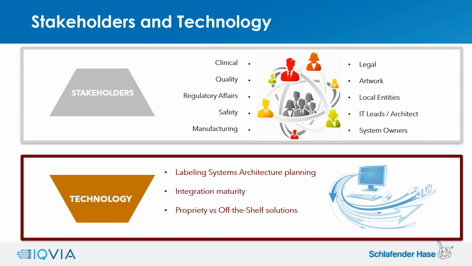IT is involved in terms of all of these disparate systems, managing and supporting them, as well as the system owners around these systems. And so identifying and engaging all of these stakeholders as early as possible is needed to ensure that all needs are considered from a process perspective, but also from a technology perspective, because they themselves have, within their silos, their own technology solutions that they're working with.